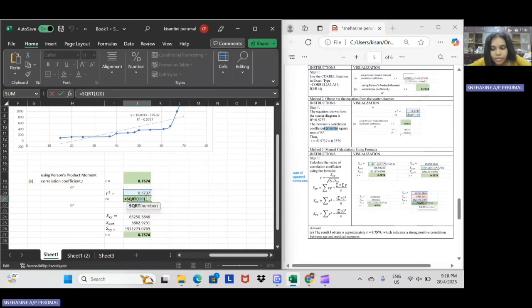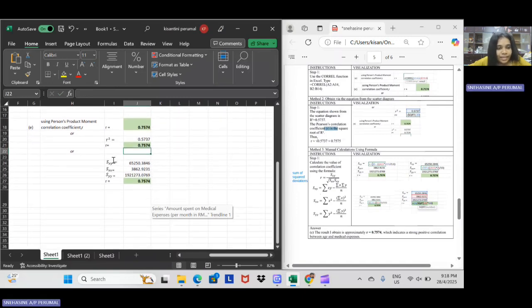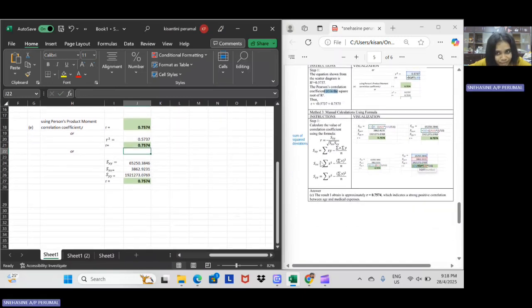After that, you have to take 0.5737 from this. You have to click yes, then you will get the same answer. Okay, or you can use this method also: manual calculation using the formula.